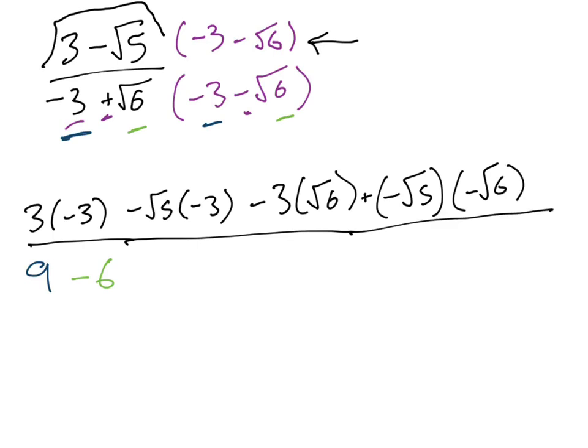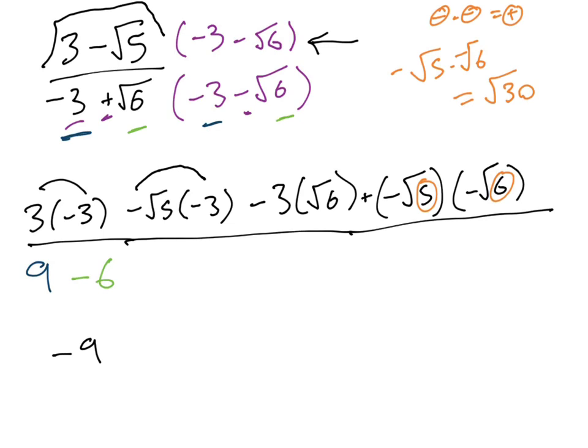When we're multiplying square roots together, if we have two different numbers in our square roots, we'll multiply those together underneath the square root. So root 5 times root 6 is root 30. And so is negative root 5 times negative root 6, because a negative times a negative equals a positive. So in our numerator, we've got 3 times negative 3 is negative 9.